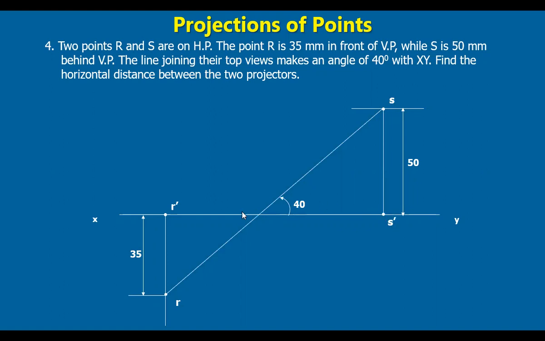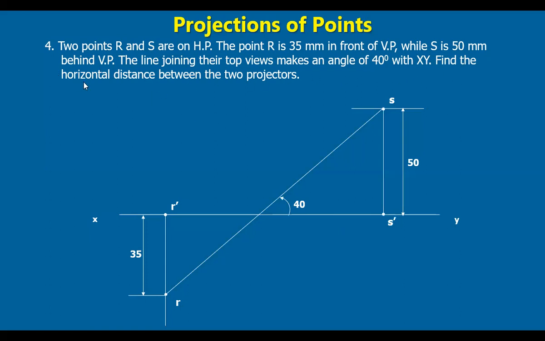Earlier, we knew that it is lying somewhere on this reference line, but the exact position was not known. Now, the exact point has come. The exact position is marked. So S is here, the front view. The front view and top view of S, and the front view and top view of R, are marked here like this.